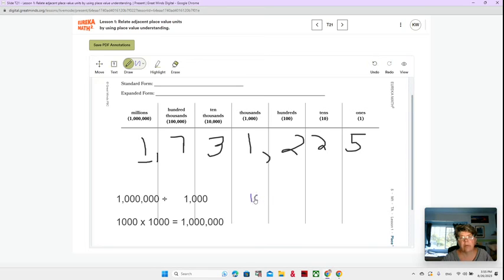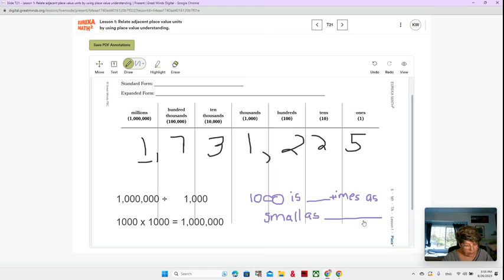Let's write it here. 1,000 is blank times as small as blank.